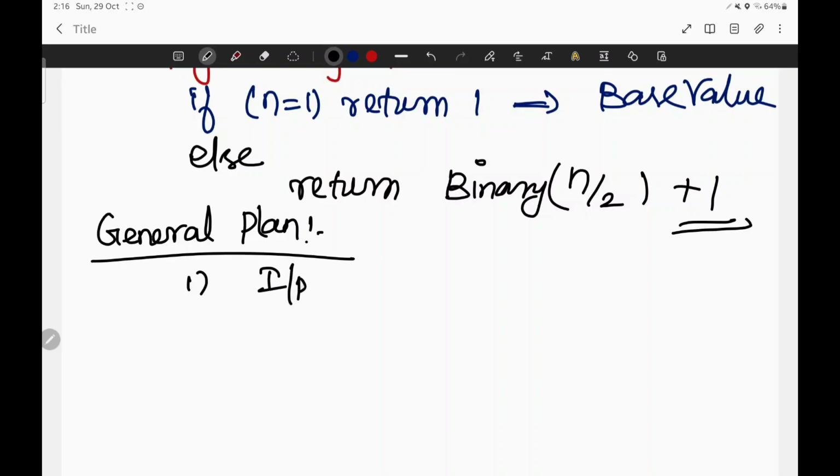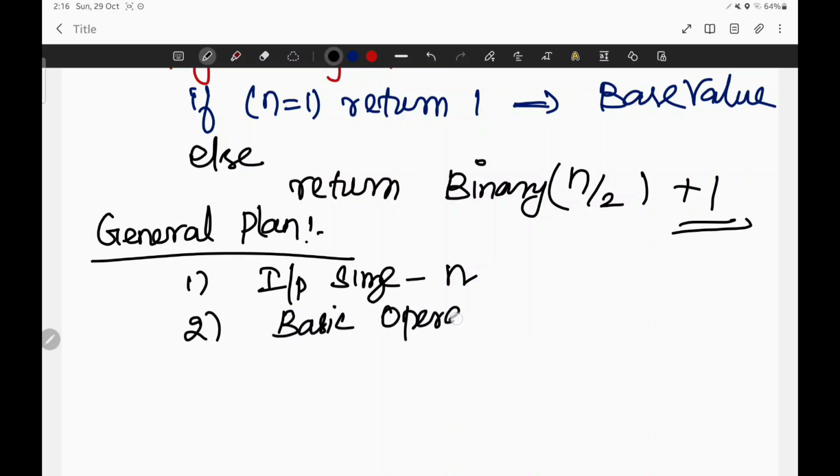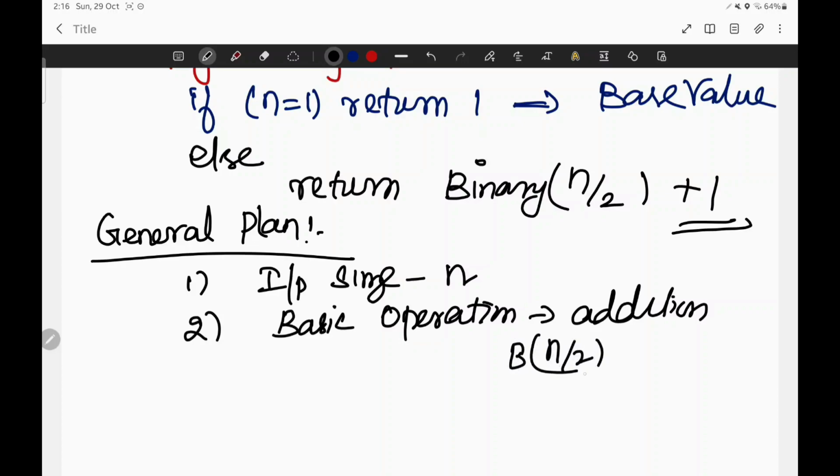We will write the input size n, and the second step is the basic operation. So what is the basic operation available in this binary representation? Addition. So how many times are we adding? Recursively again and again we are calling this n by 2 times. That is the basic operation. So the third step is how many times we are doing this basic operation.